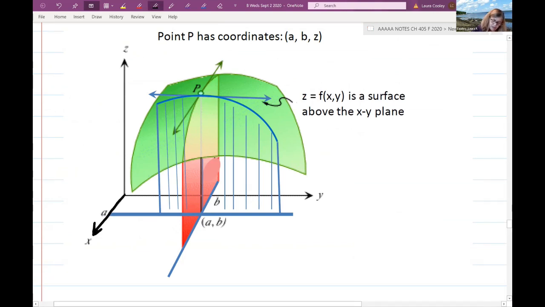If I change the value of x, then I'm kind of moving along this curve. If I increase the value of x, I'm going to go in this direction along the curve. And that is going to produce a certain change in the height, which means a certain change in the function. So I'm going to get a delta f from changing x.